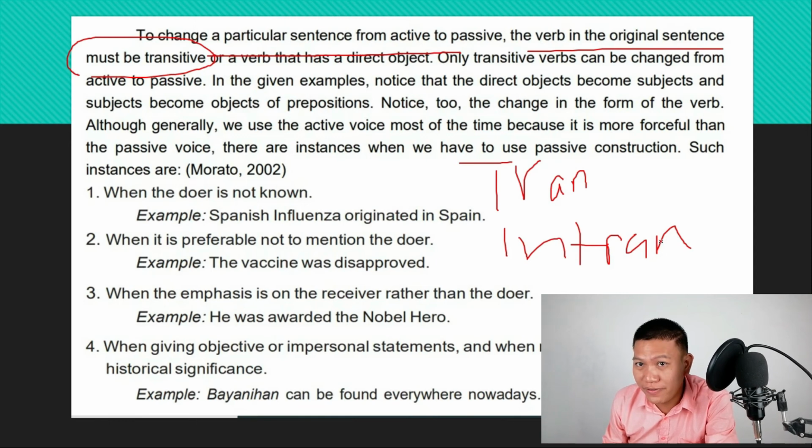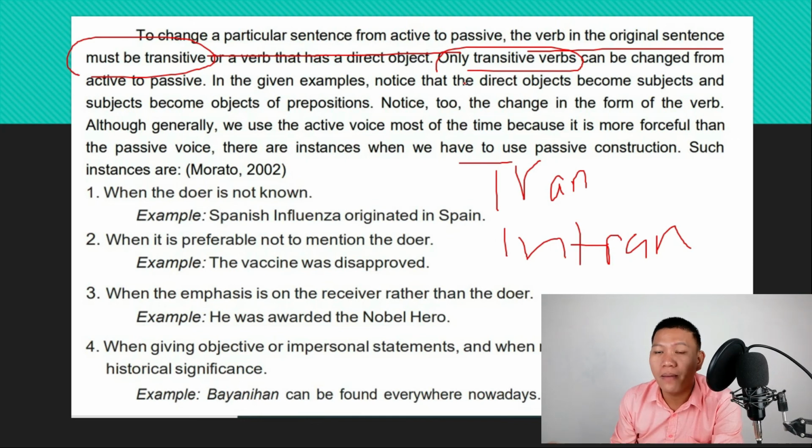But when it's intransitive, it does not need an object. So this active and passive voice topic is only applicable if the verbs in the sentences we are talking about are transitive verbs. Okay? Transitive verbs are the only ones that can be changed from active to passive voice.